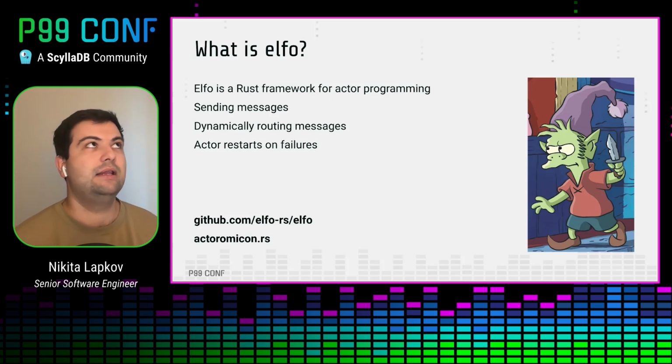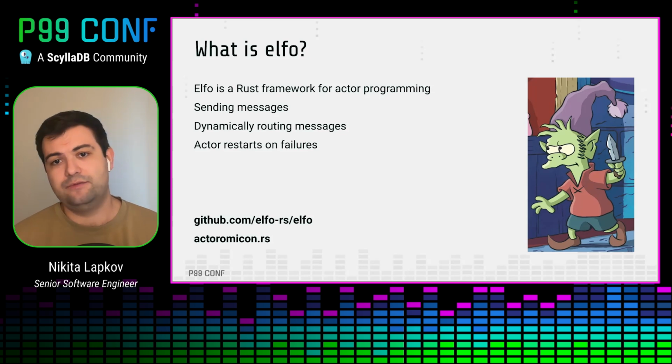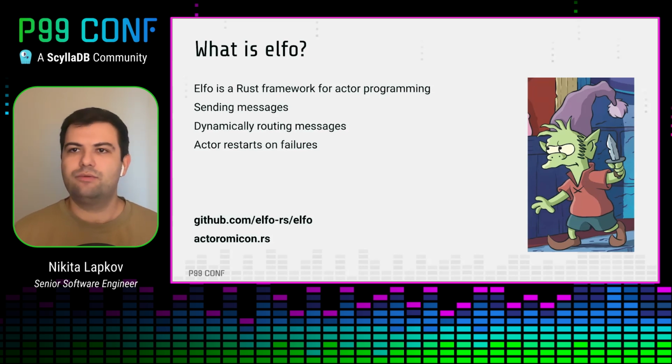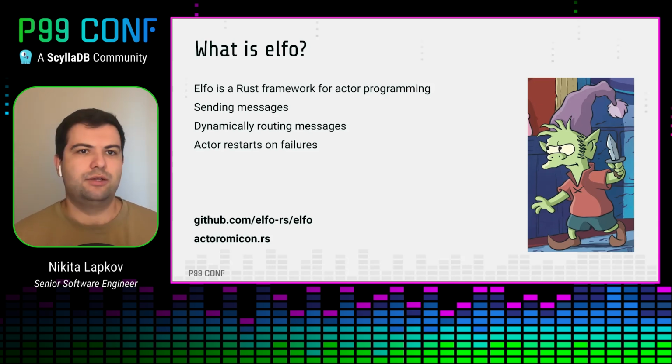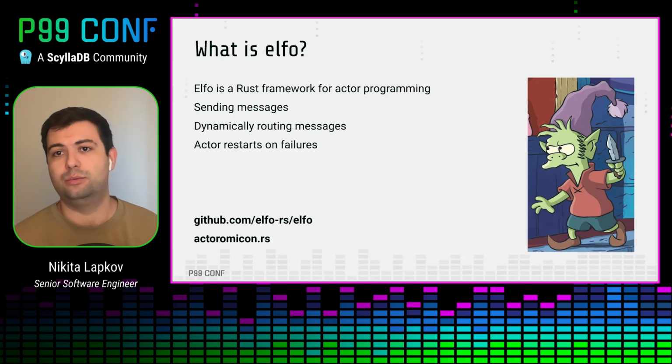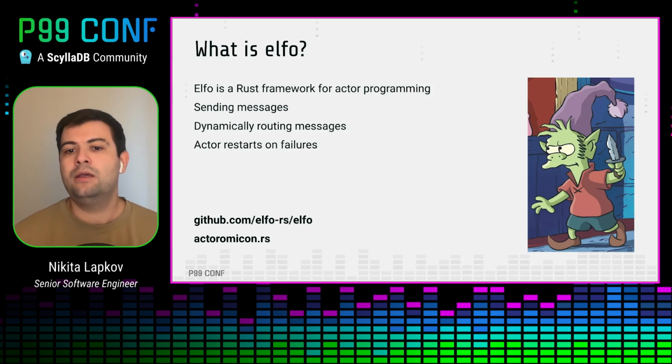For example, it allows you to dynamically route messages based on runtime information, meaning that you can, at runtime, decide which actor specifically receives certain types of messages, and which don't. It also provides Erlang-like actor restarts on failures. So if you configure an actor in a certain way, you can be sure that it's always running, because if it panics, elfo will automatically restart it.